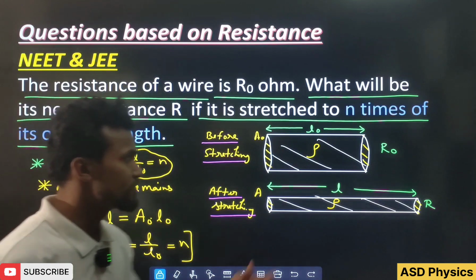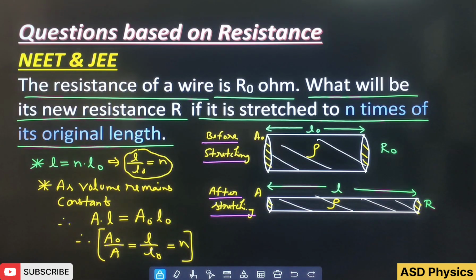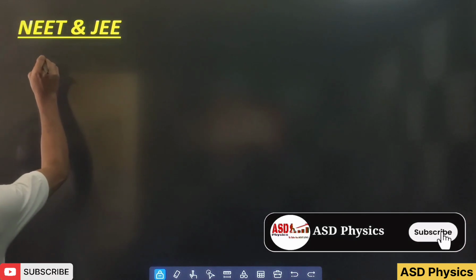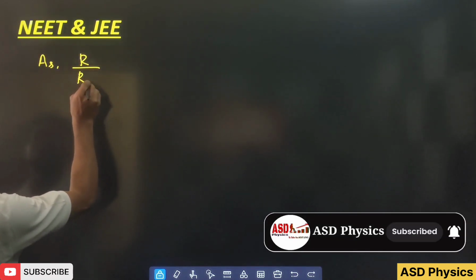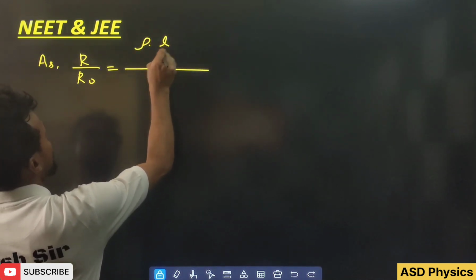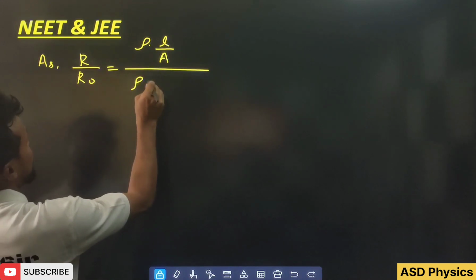After that students, if we talk about the resistance, what is the resistance formula? Kindly think and tell. The resistance is given by R equal to rho L by A. So I am going to write the resistance ratio. R by R0 is given by rho into L by A, the new resistance, over rho L0 by A0, the original resistance.